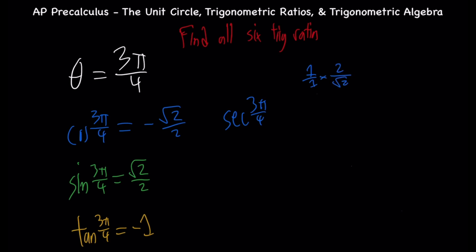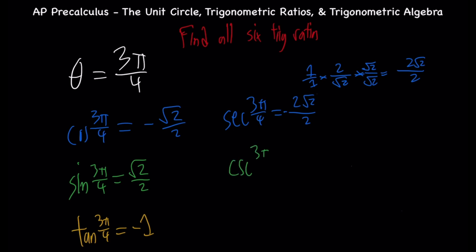All you have to do here, because we know secant is equal to 1 over cosine. Oh, and also this is negative, because cosine is negative. I actually forgot that.